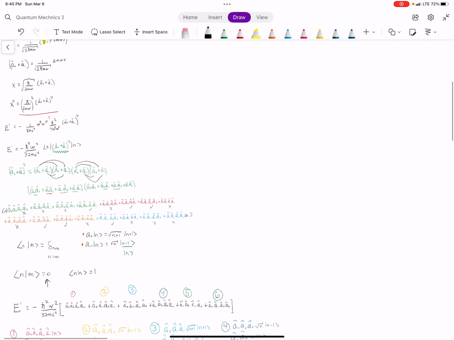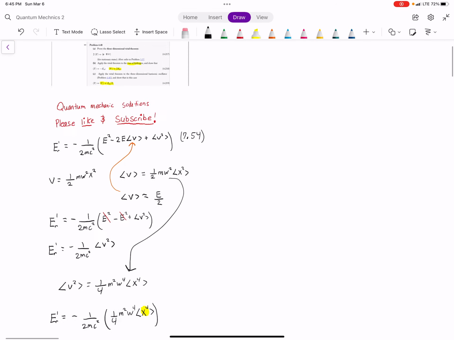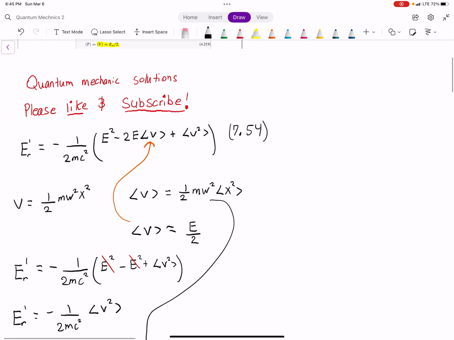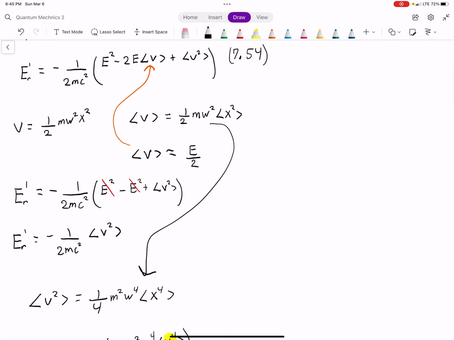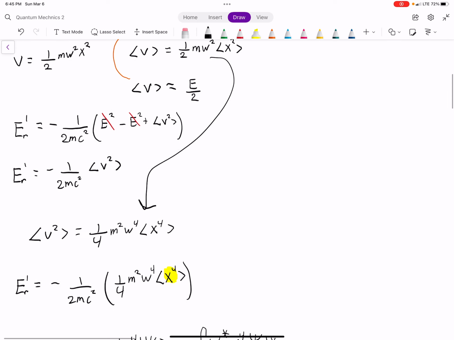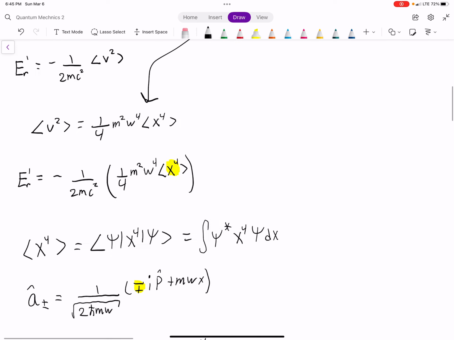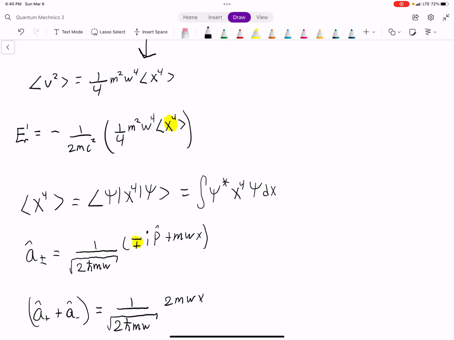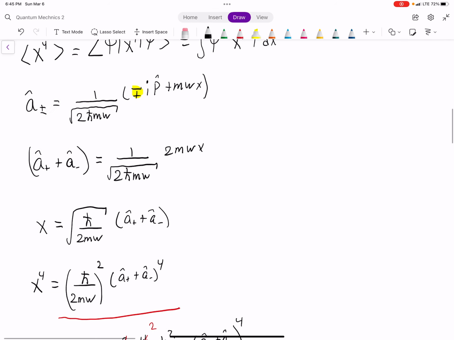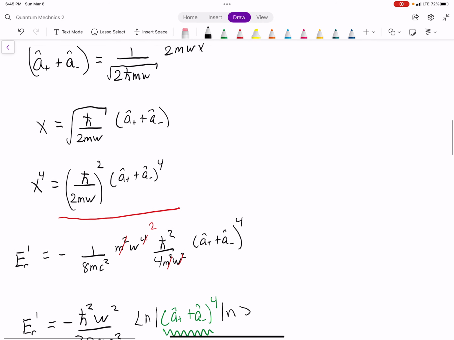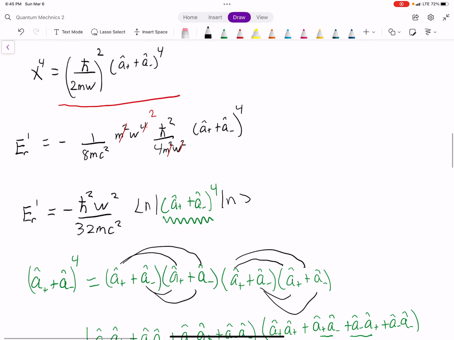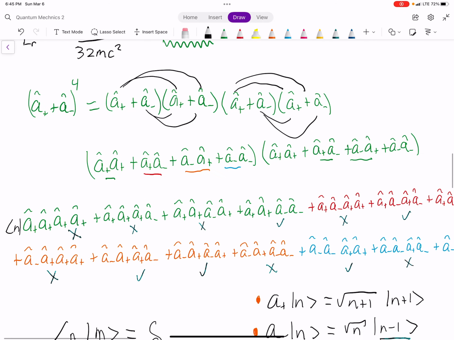A lot of work. But hopefully that makes sense. We started by simplifying our relativistic energy correction using the fact that the expectation of our potential was our energy over 2. And then we realized we just had to find the expectation of our potential squared. And the way that we found that was by using our ladder operator, since this is our harmonic oscillator. So we found x in terms of our raising and lowering operators and substituted that into our energy equation with some lazy notation. We expanded our ladder operator.